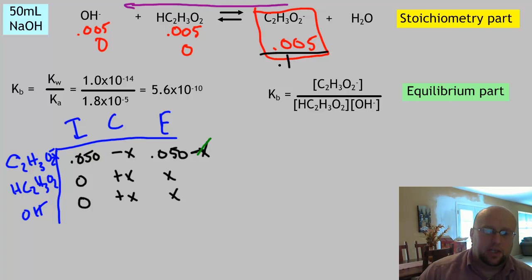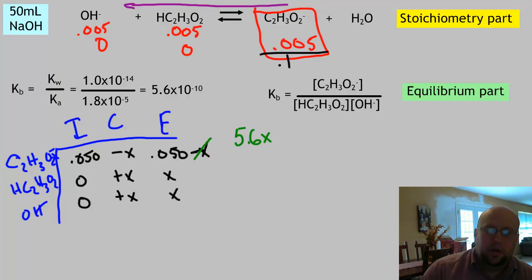And of course, as we've done 100 times so far, I'm going to get rid of this x. I'm going to assume it away because it's relatively small compared to this number. Now, remember the cutoff point is 10 to the negative fourth, and that's a whole lot smaller than that. So x is going to be really, really small, and that's an easy assumption to make. So don't stress about that, although I know some of you probably will. Now we're going to plug that into our new law of mass action for our base.